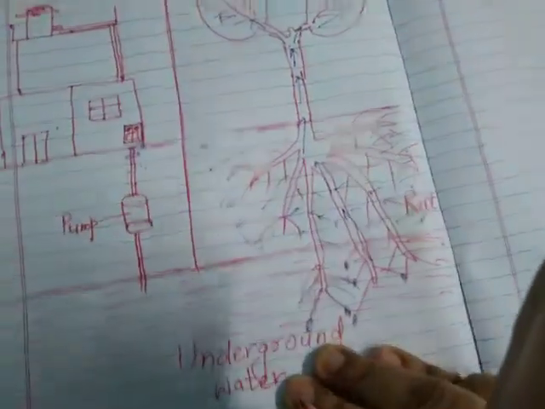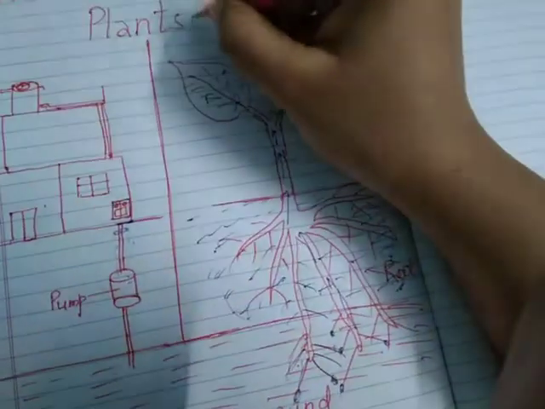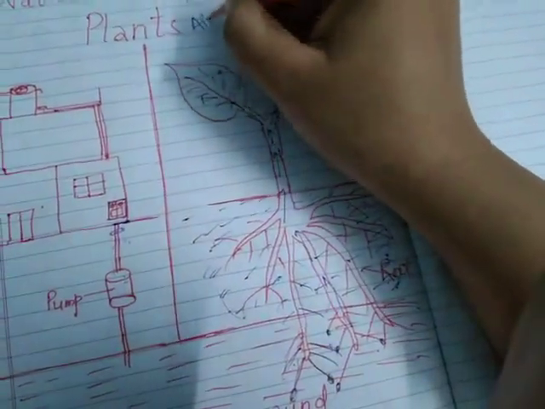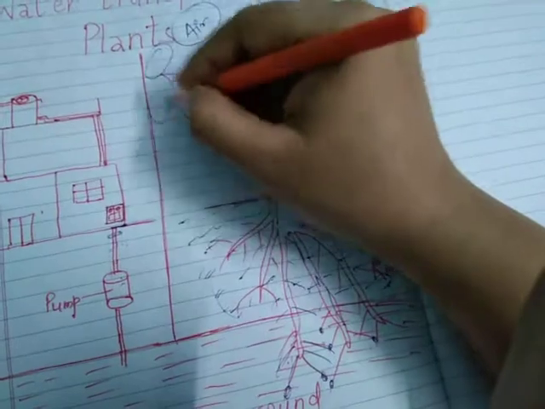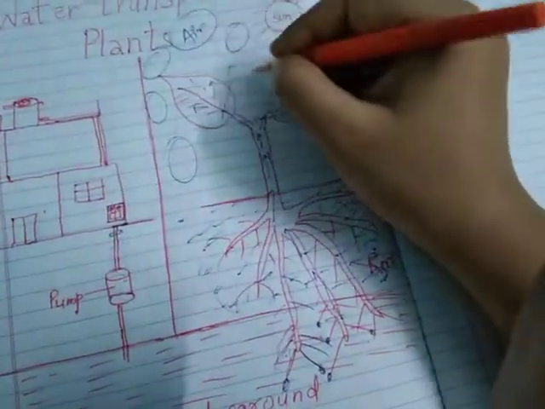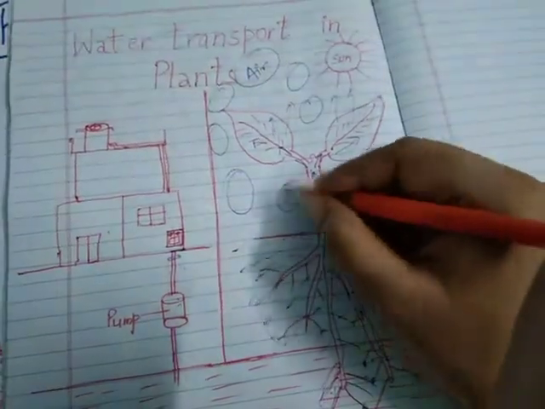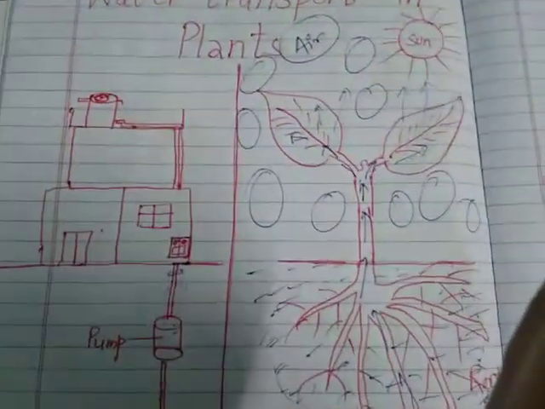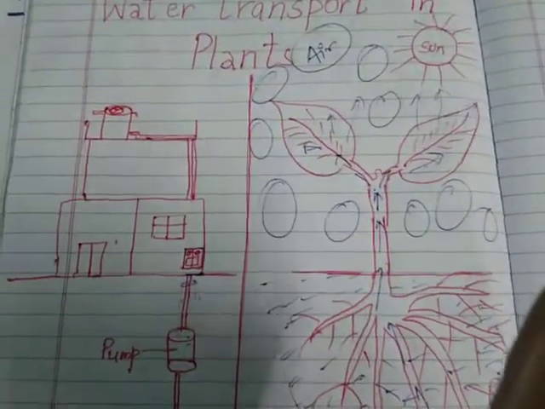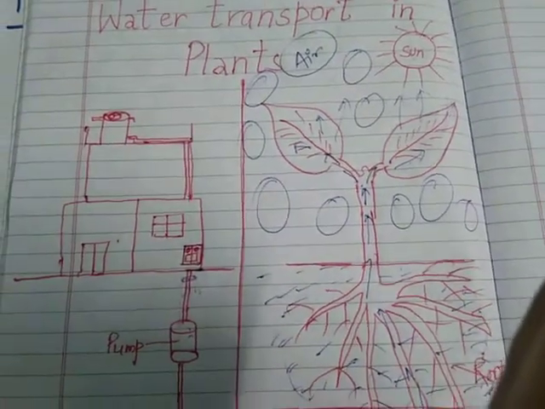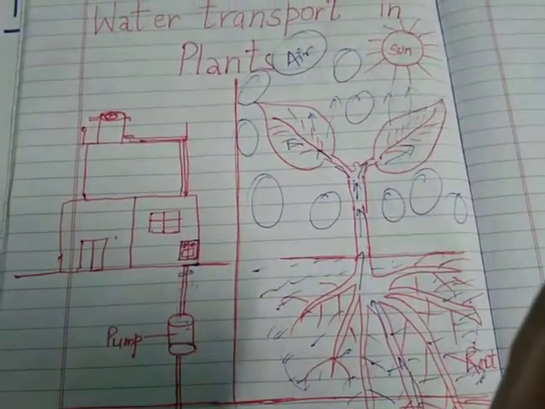The first ingredient that the plant needs, suppose this is air. Air is present all around the plant, in our environment, and this air is a mixture of various gases.